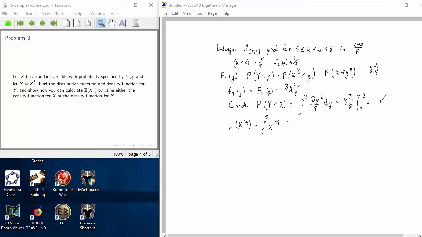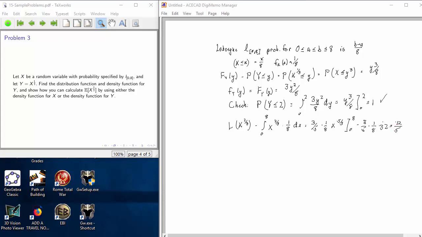For each value of x, we take that, multiply it by the density function, which has the constant value 1/8. So the antiderivative is 3/5 times x to the 5/3. Conveniently, 8 to the 5/3 is 32, so I get 3/5 times 1/8 times 32, which is 12/5.